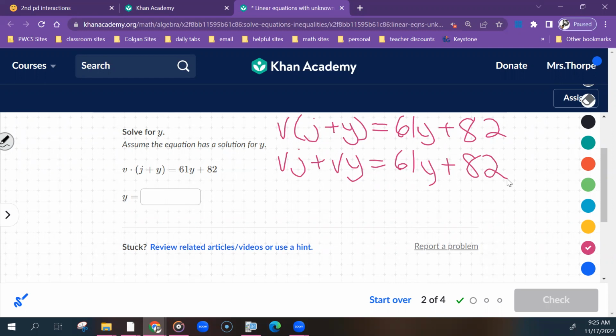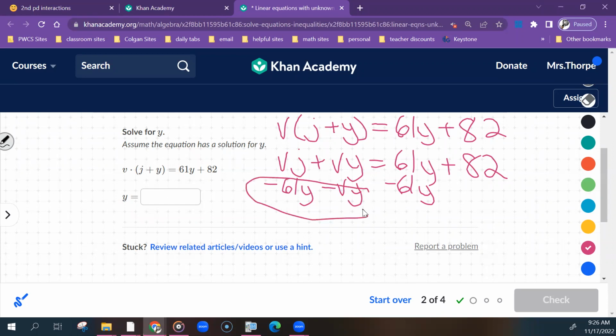After you distribute is exactly like what we just did. You have to get all the Y's on the same side. Anything that's not a Y, we can move to the other side. It doesn't matter. I'm going to subtract 61Y. And then subtract VJ, sorry, VJ is what I meant.